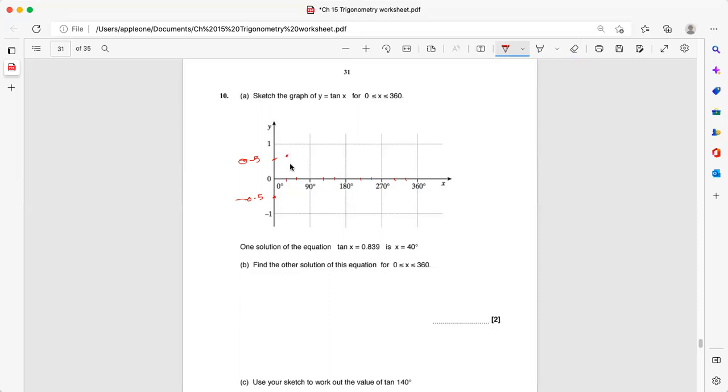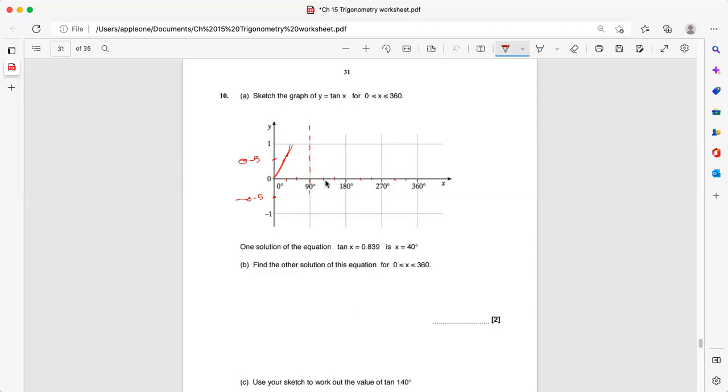Now, if you check tan 60, it's going beyond 1, so we can't plot that point. Tan 90 is giving us math error. So we draw the dotted line, and we plot the point this way.